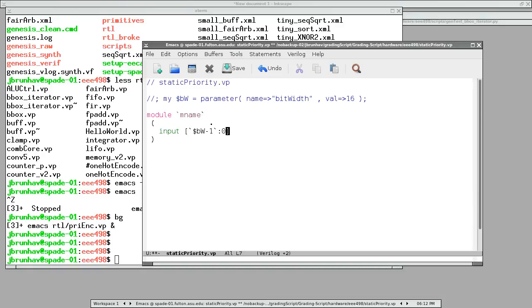So the Perl generator will put a 15 where this backtick expression is. So we'll call that A. We'll call that Z. Don't forget the semicolon here. End module. Don't forget the end module. This is fairly important.